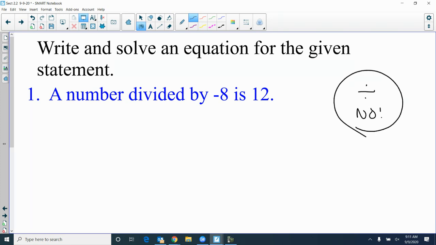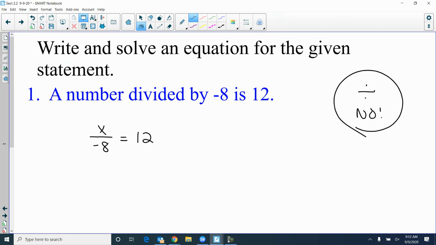So how do I write a number divided by -8 without using the division symbol? x over -8, as a fraction. x divided by -8 equals 12. A number divided by -8 is 12.